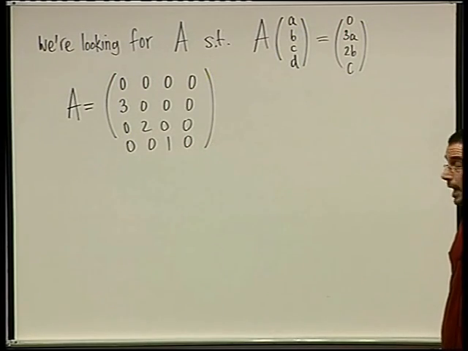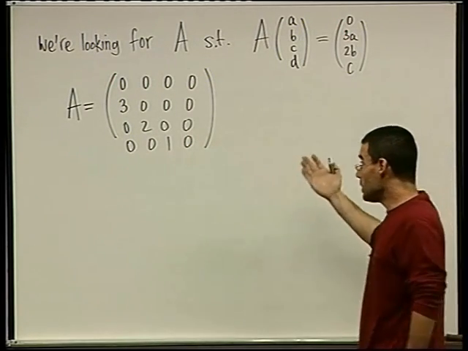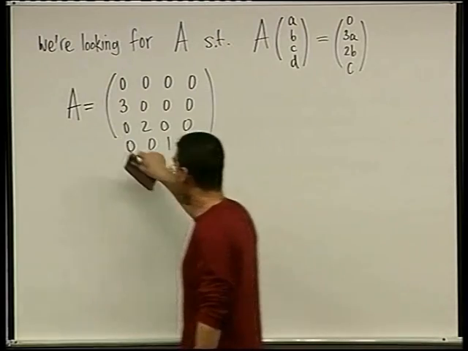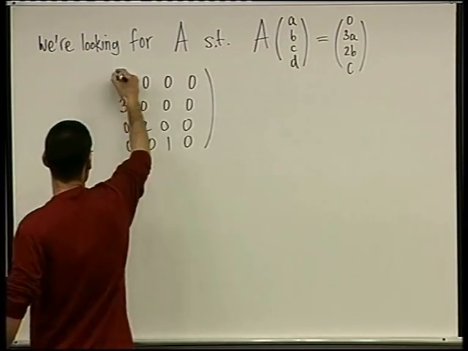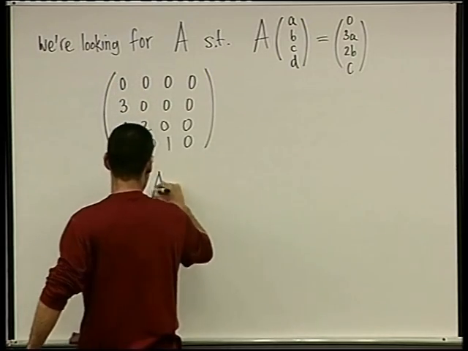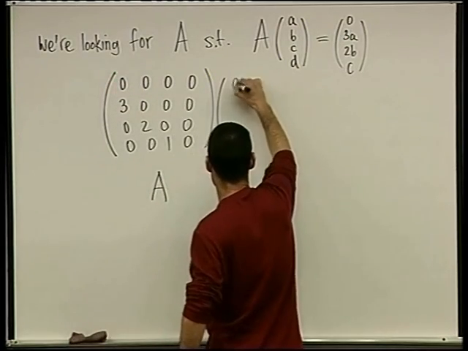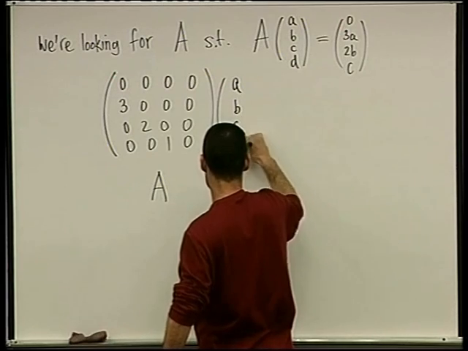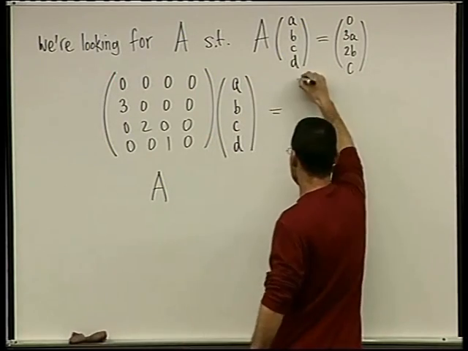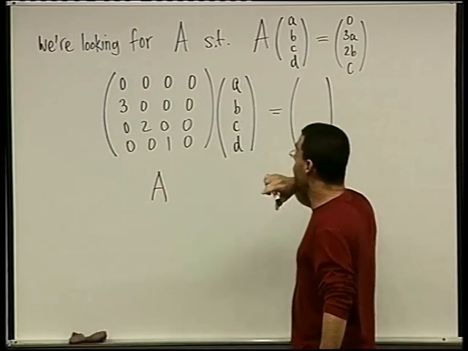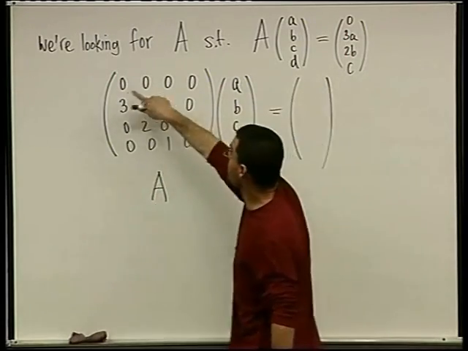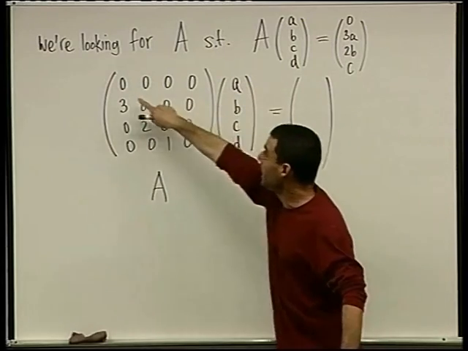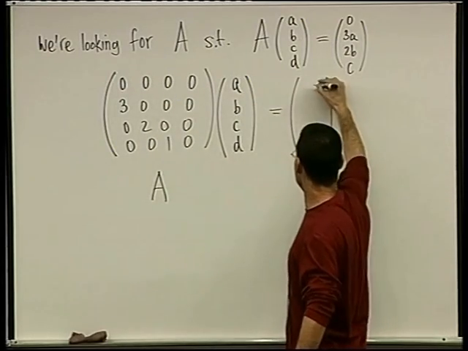Why? You can decipher it row by row. If you take A and multiply it by (a, b, c, d), what do you get? Well, you wanted to get a 0 here. So whatever these entries are, when you multiply them times a, b, c, d, you want to get 0.